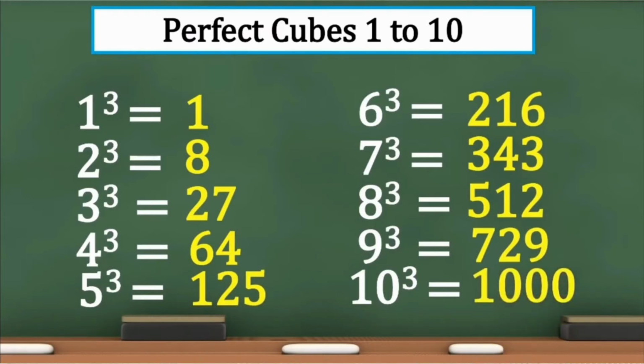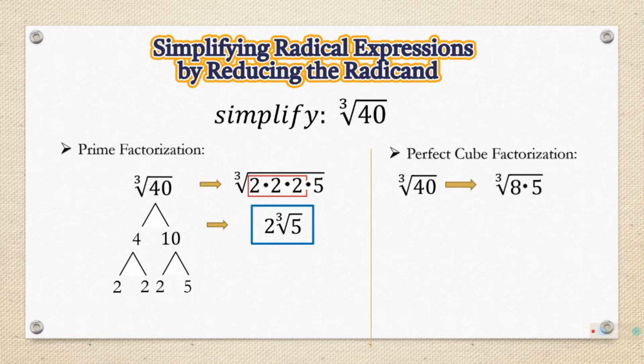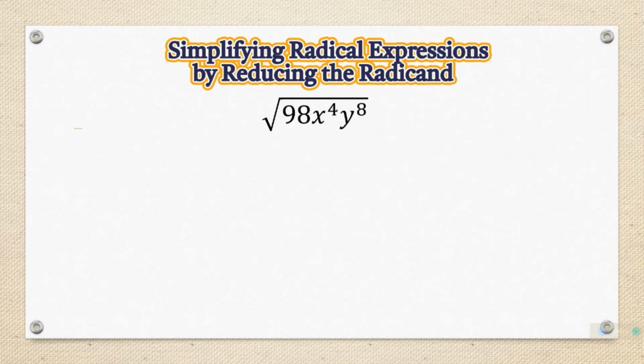Cube root of 40 can be factored as cube root of 8 times 5, and can be written separately as cube root of 8 times cube root of 5. Since 8 is a perfect cube, we're going to get its cube root, and that is 2, then copy cube root of 5. Now, let's have some examples with variables.